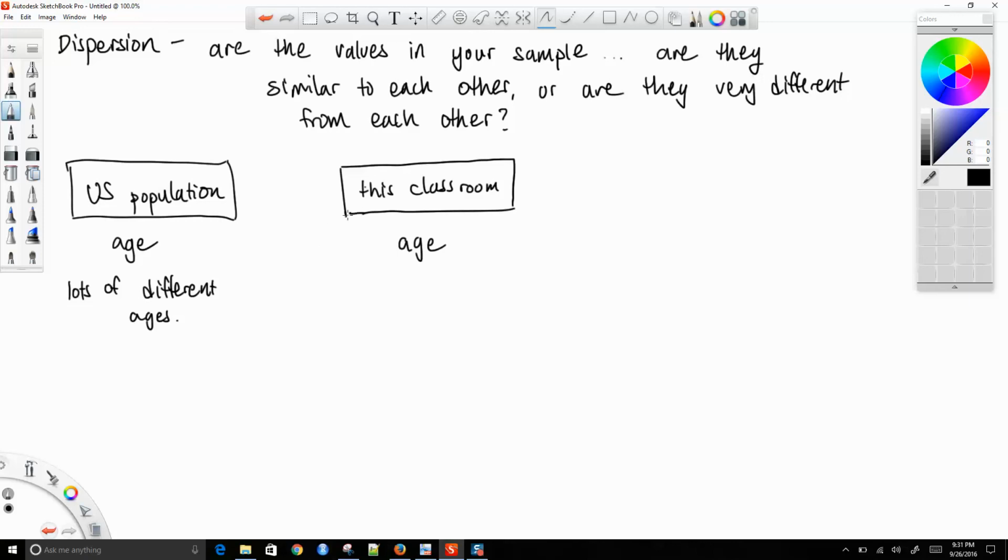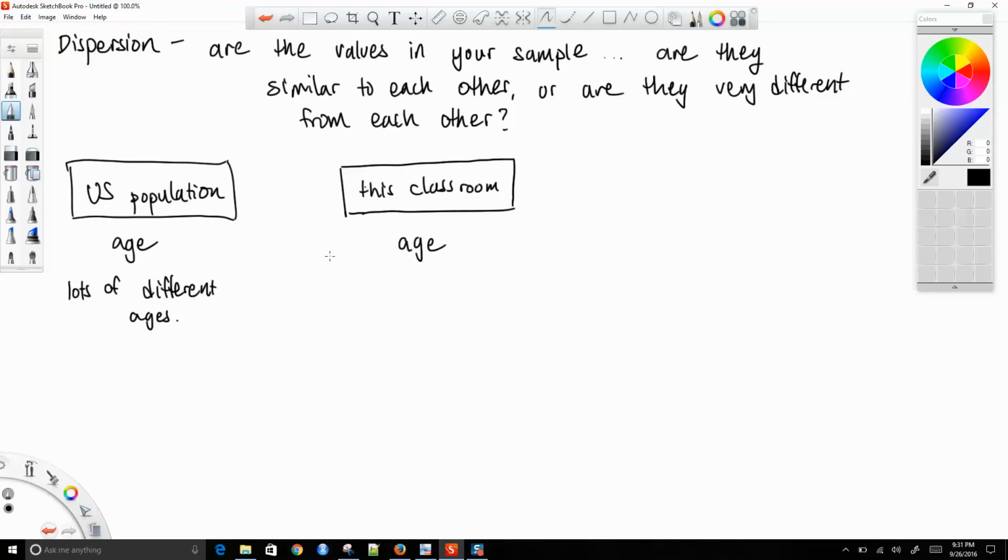Most of you are probably 20-something, maybe a little older, a little bit less. We might have a few students who are considerably older than everyone else, or a few who might still be in high school. But by and large, most of you are probably 22 plus or minus 5 years or something like that.